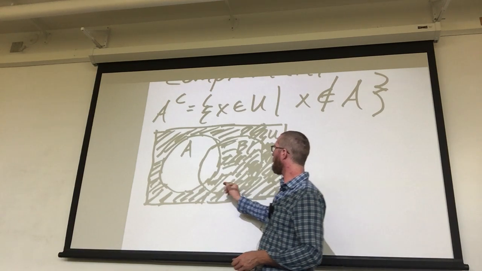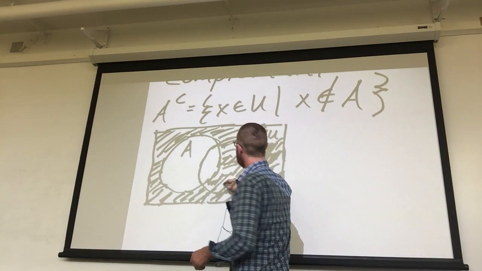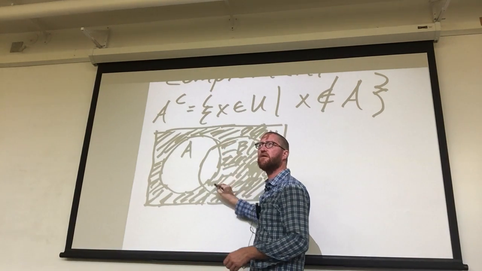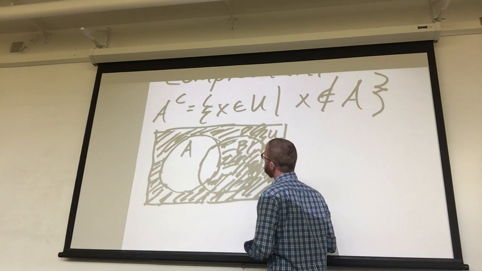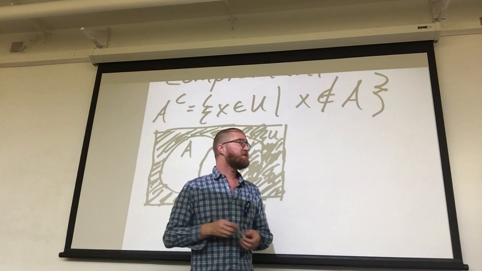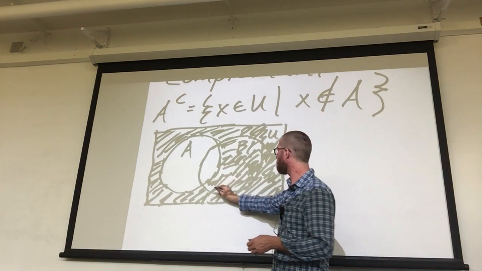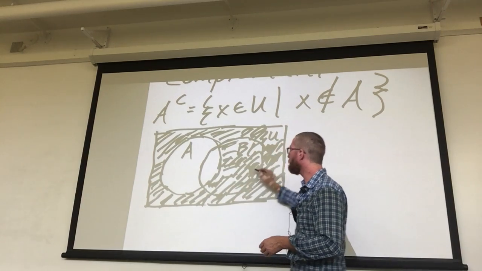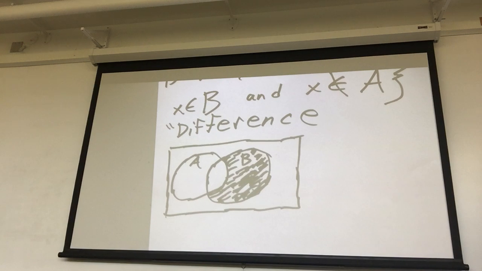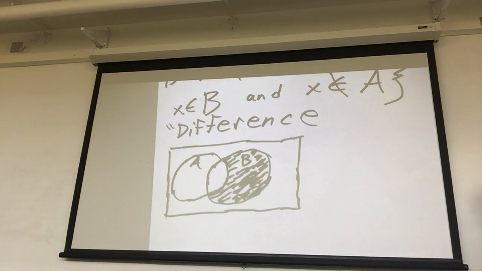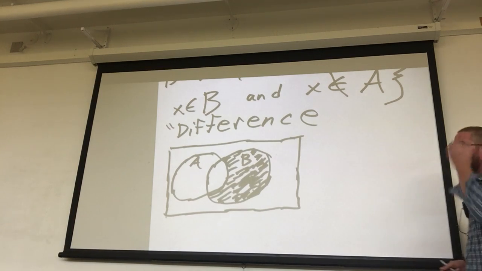So if I said, okay, well, the complement of A sub C does contain this difference right here. So it would actually exist as a subset of A sub C, okay? So what would be another way? All right, so you're looking at this shaded region right here contains the difference.